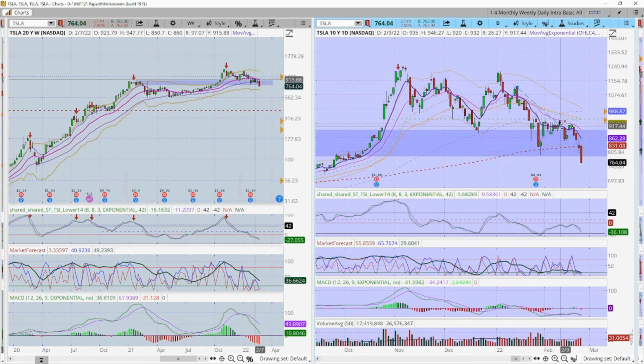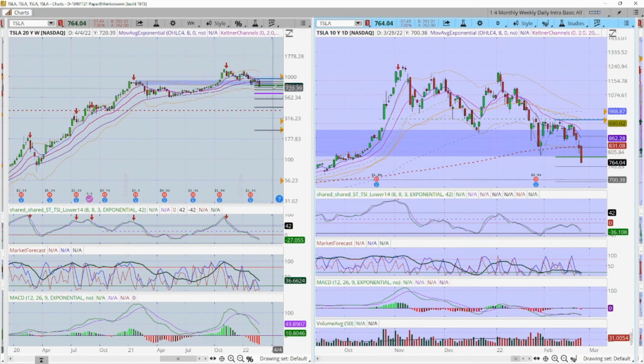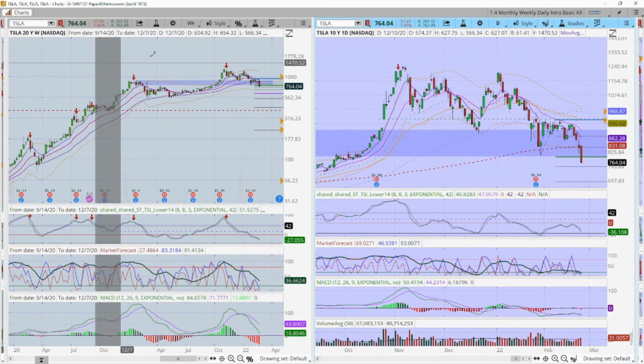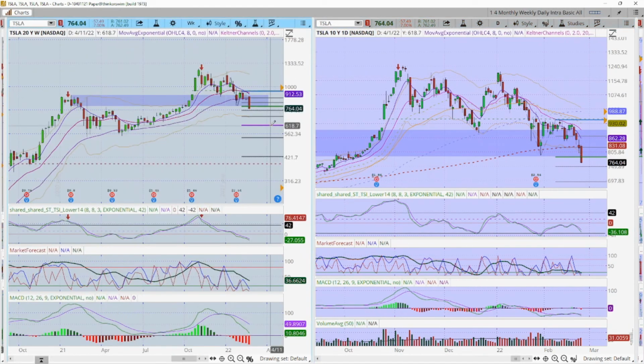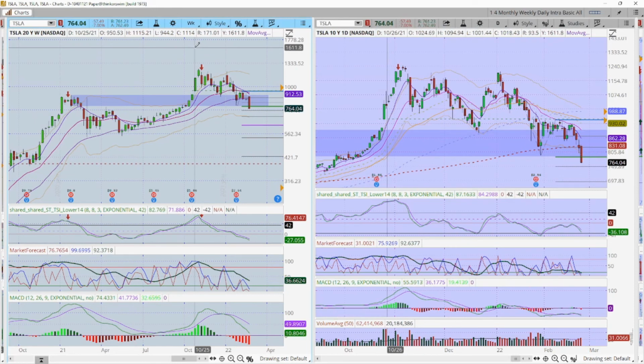This, there, back to those highs. And that would give us this purple line here, the symmetric projection down. And as you can see, that would put us right in line with this past support area of 626. And I would be more prone to look at these targets than that longer term target.